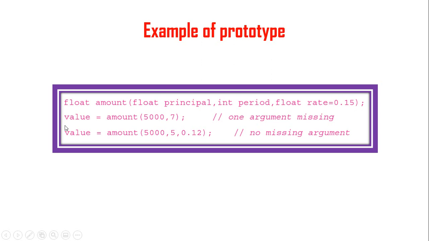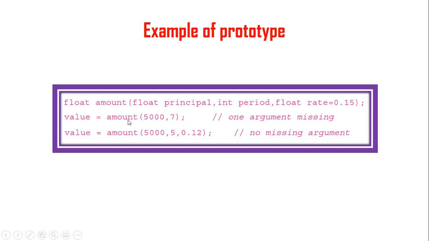Now when you pass the arguments to the function, you can see that the amount is specified here as 5000, 7. If you look into it, one argument is missing, isn't it?